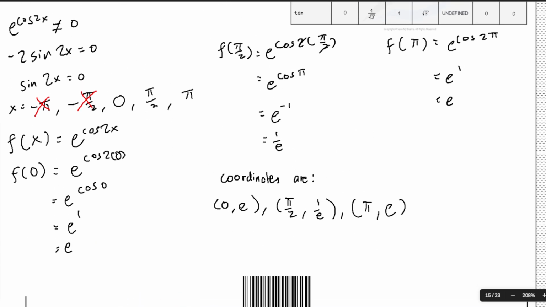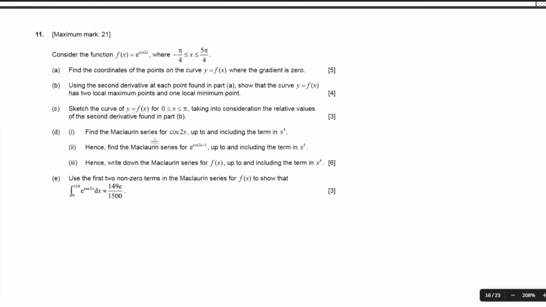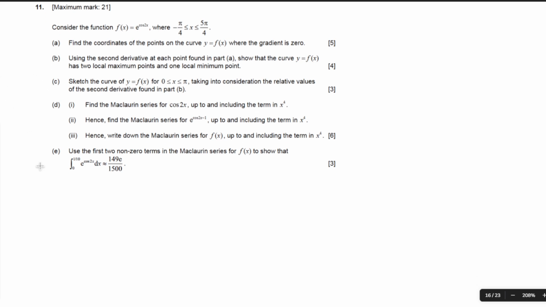Okay? Next question, we have, using the second derivative at each point found in part A, show that a curve y equals f of x has 2 local maximum points and 1 minimum point. According to the rules, f dash of x, when it is less than 0, it is not a local minima, it is a local maxima.